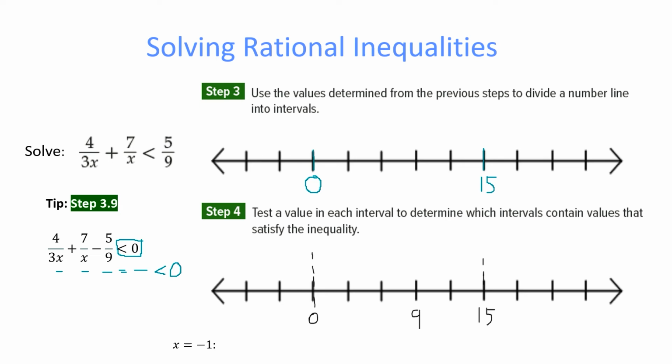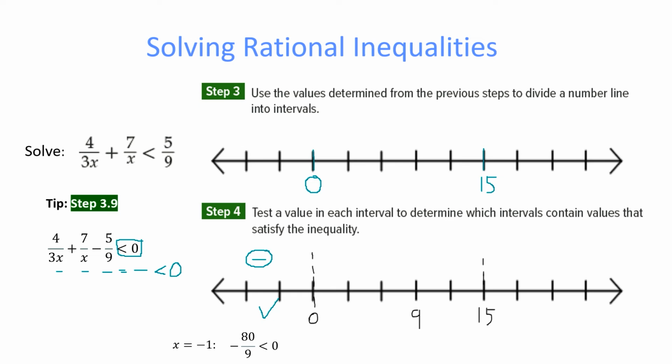So without even doing any computation, I know that this interval works for me. That's the negative interval less than 0, and it's an interval that satisfies our inequality. I did a computation. You can see that you get a negative number, -80/9, which is less than 0.